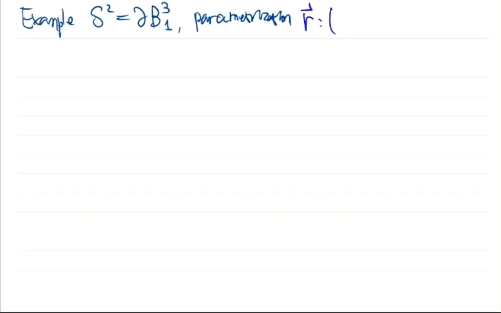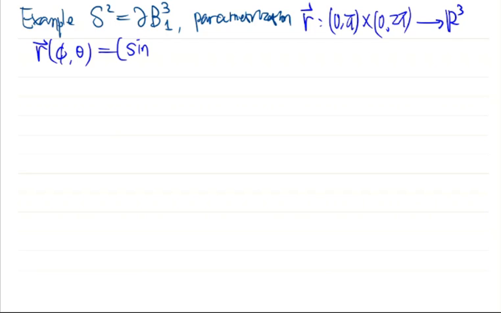The domain of this map is 0 to pi cross 0 to 2 pi, into R3. The definition is given by sin phi cosine theta, sin phi sin theta, cosine phi.